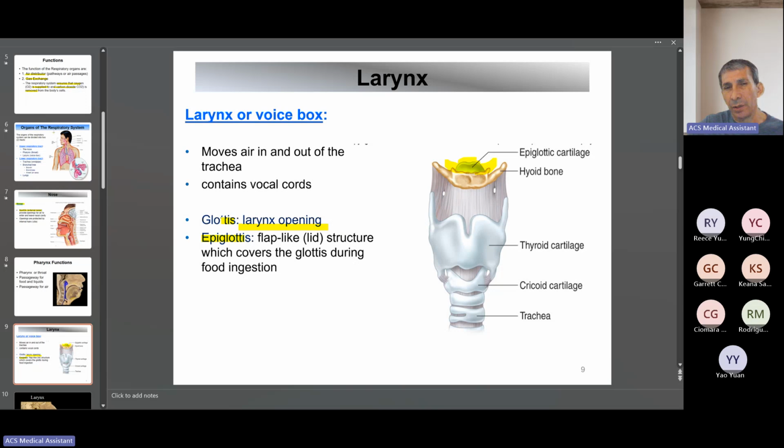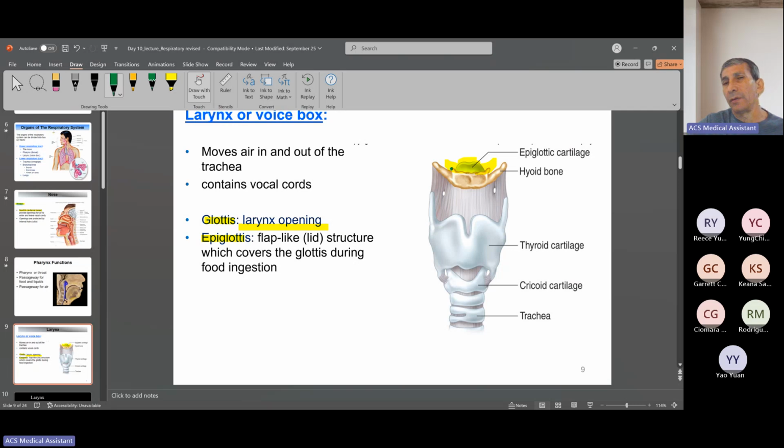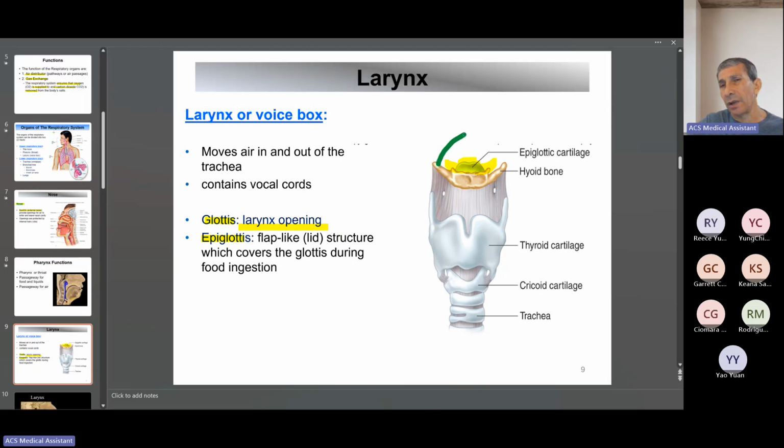So glottis is the opening, epi is something that is above. So here, above this, we're gonna have something that looks like this. And this is the epiglottis. And what it does, when we are eating, here we have the pharynx or the throat, food enters here, liquids, but they should not go into the lungs.